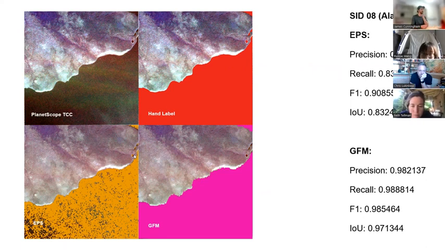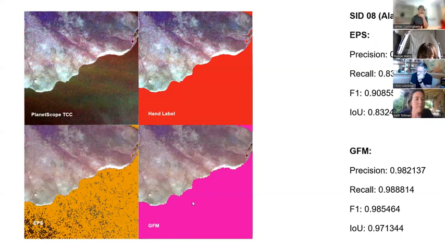Some parts it didn't notice, maybe because of resolution, since Sentinel-1 imagery is coarser than Planet imagery. But there is also a lot of noise inside the water body, so EPS probably needs more work there.